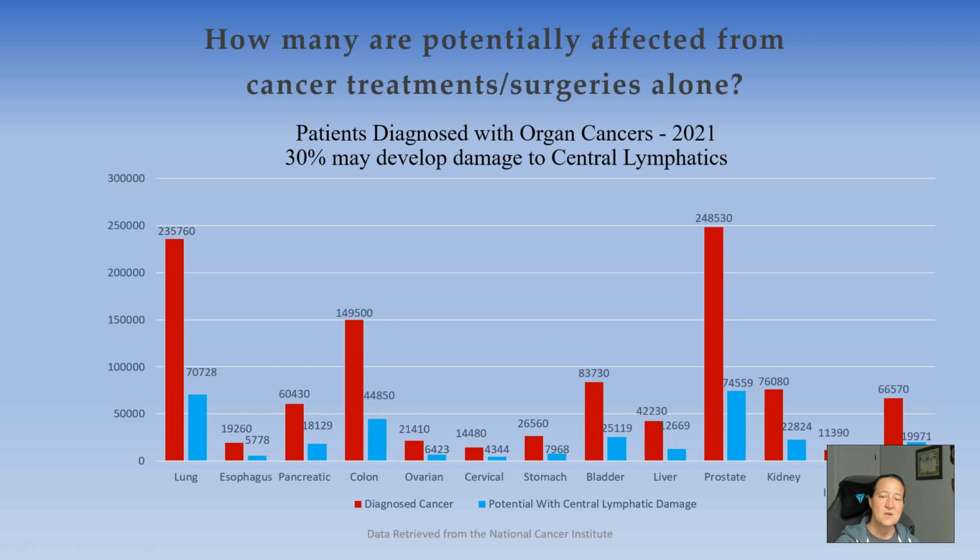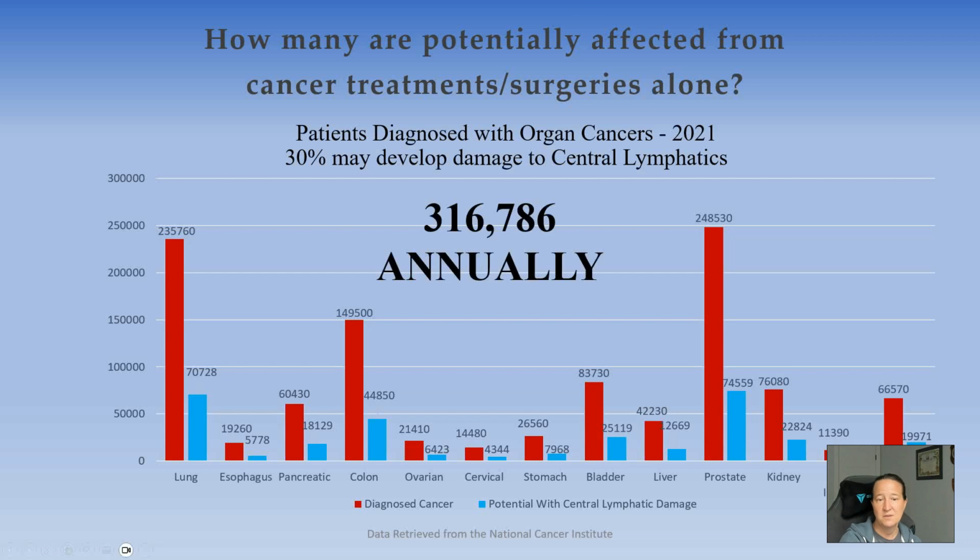For patients diagnosed with organ cancers from 2021, you could say that 30% of those may have developed damage to their central lymphatics, right? If we take 30% of this overall population, that's over 316,000 annually.